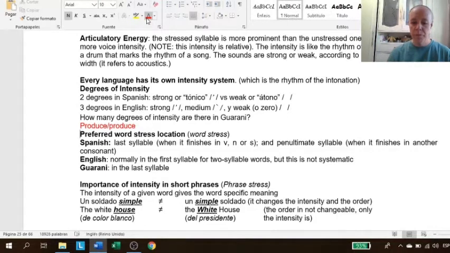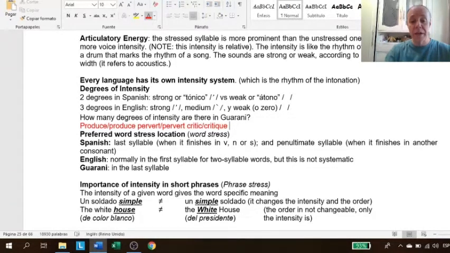Produce, produce. Pervert, pervert. Okay. Or there can be a change in spelling, as in critic or critique. So notice that they change the meaning. Stress is a phonemic feature in English because it changes the meaning.